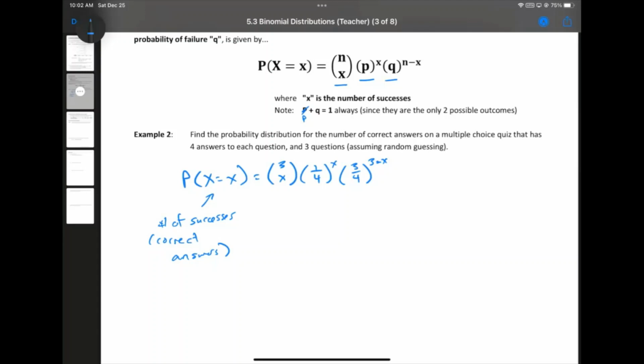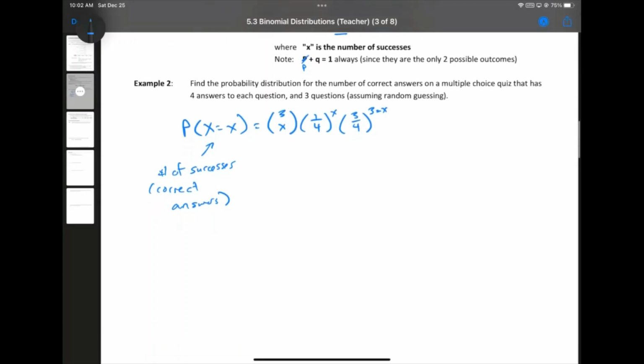Okay, at this point we could evaluate the 4 possible outcomes. Why don't we do that quickly? So the probability that x equals 0 is just going to be 3 choose 0, 1/4 to the 0, 3/4 to the 3. 3 questions, 4 answers each.